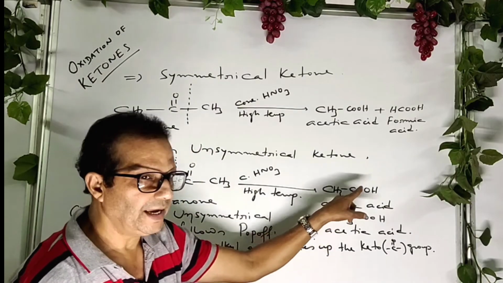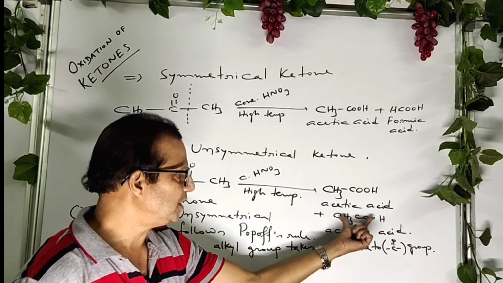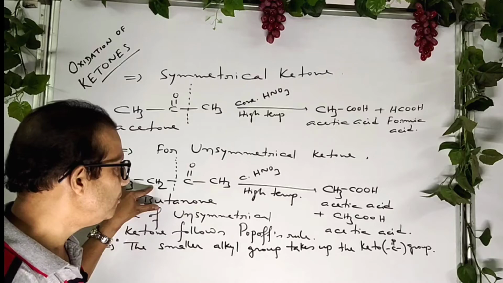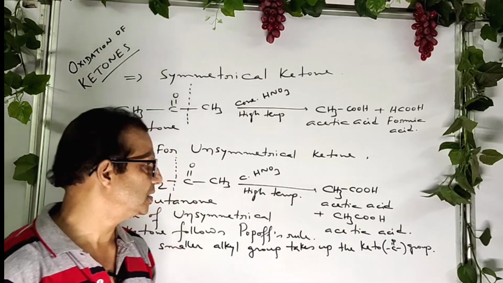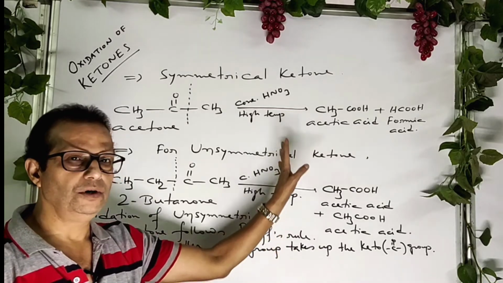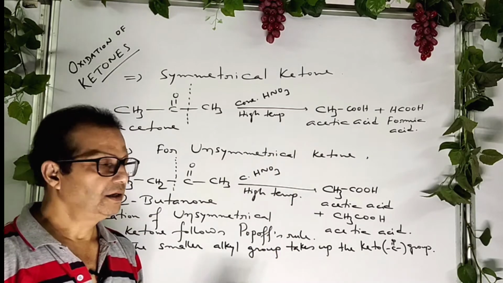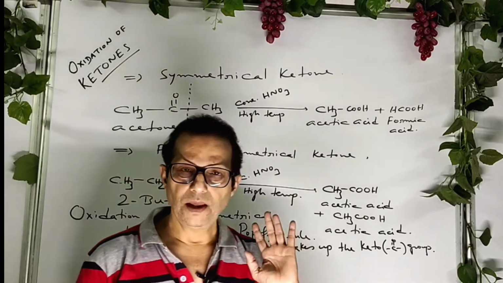So you get a mixture of acetic acid, 2 carbon atom having acid, acetic acid, and here acetic acid. So this is Popov's rule. Clear? So remember it.